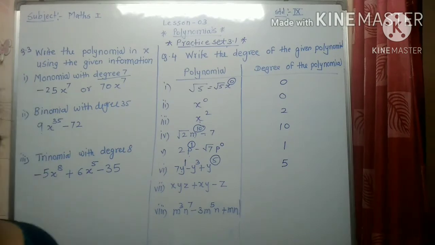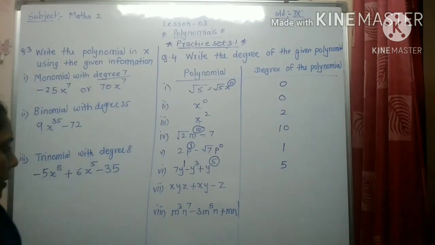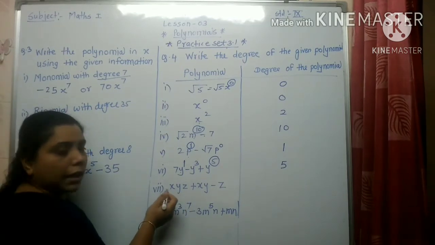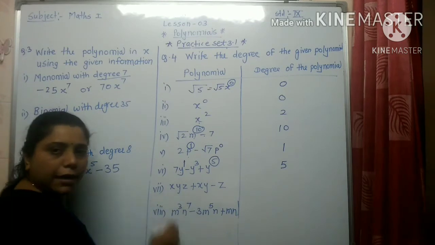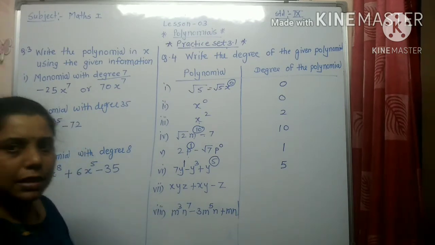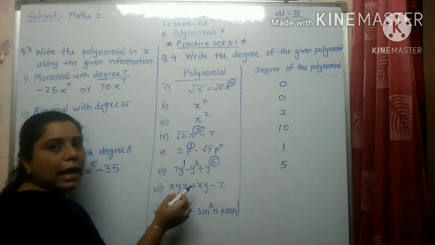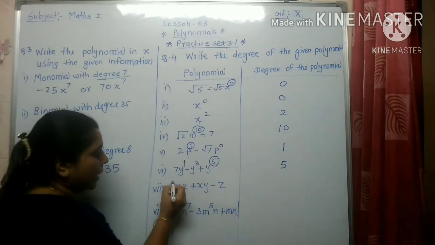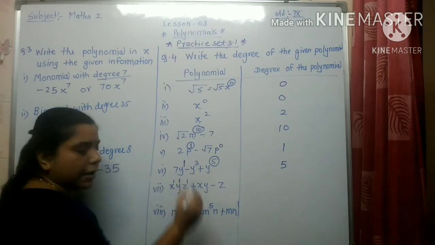Okay. Now come over to this point, the degree. Now what is the degree over here? See here. How many variables are there? 3 variables are there. Which 3 variables? X, y and z. Now what is the degree? Just see. X raised to 1, y raised to 1, z raised to 1.